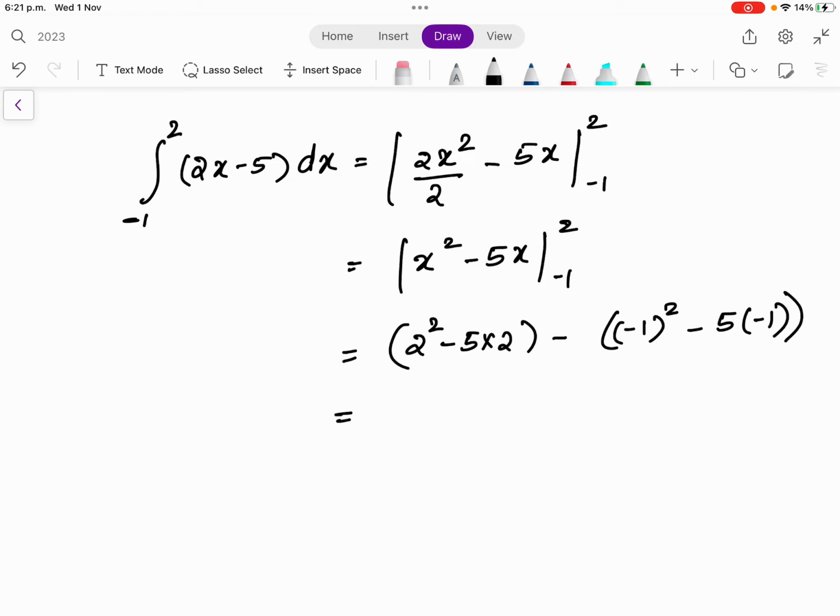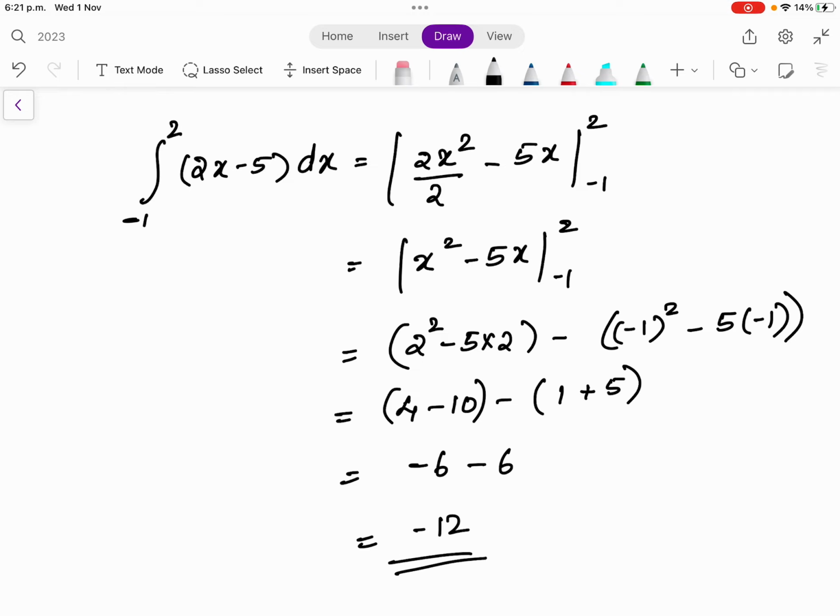Simplifying these values, you get 4 minus 10 minus 1 plus 5, which is minus 6 minus 6, equal to minus 12. So you are getting a definite value here.